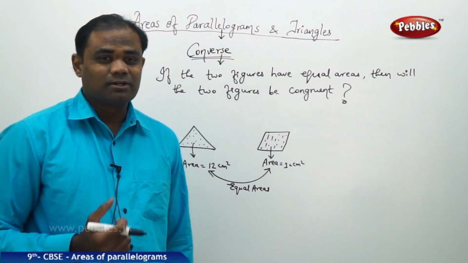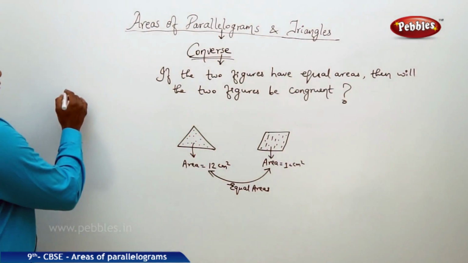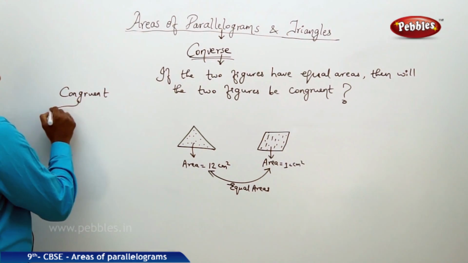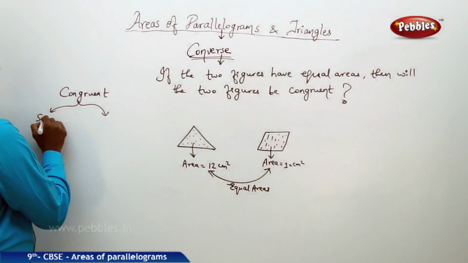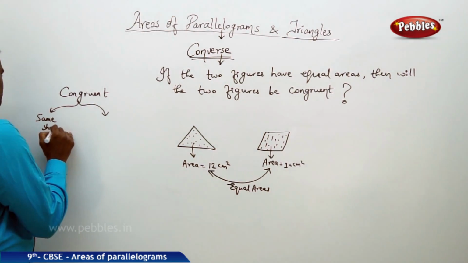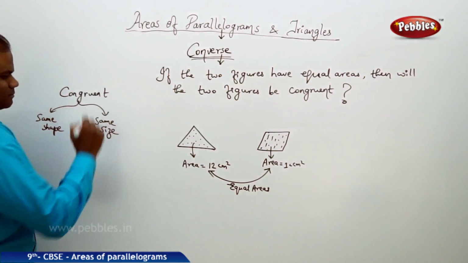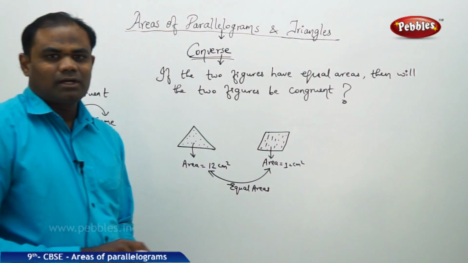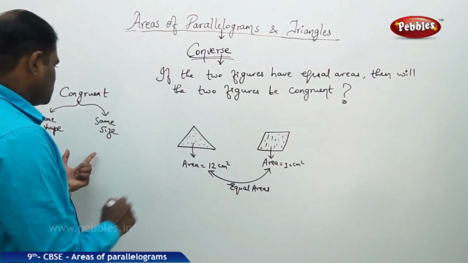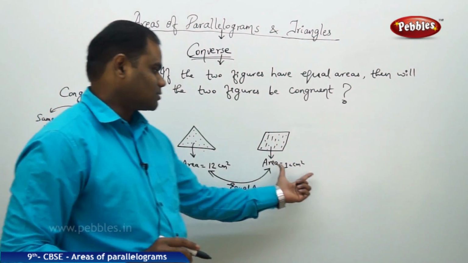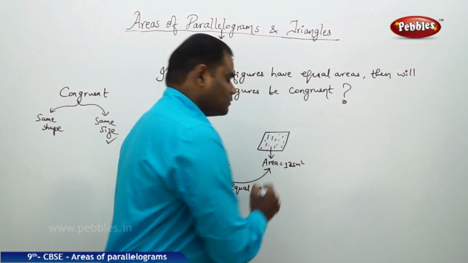The congruency concept says that two figures are congruent if they have same shape and same size. Now here comes the question: the triangle and parallelogram have same size because their areas are same, but are they of the same shape?